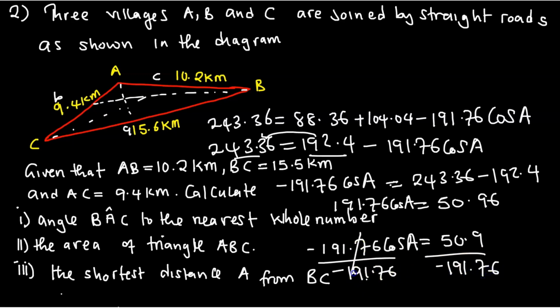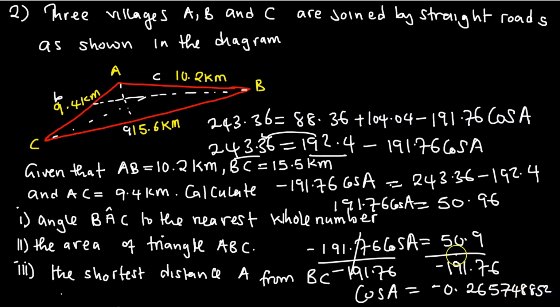So this side will remain with cos A equal to, when we divide here, negative 0.265748852.